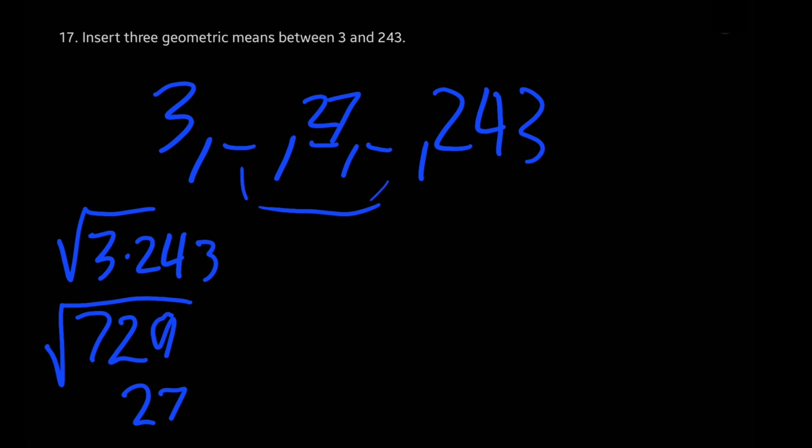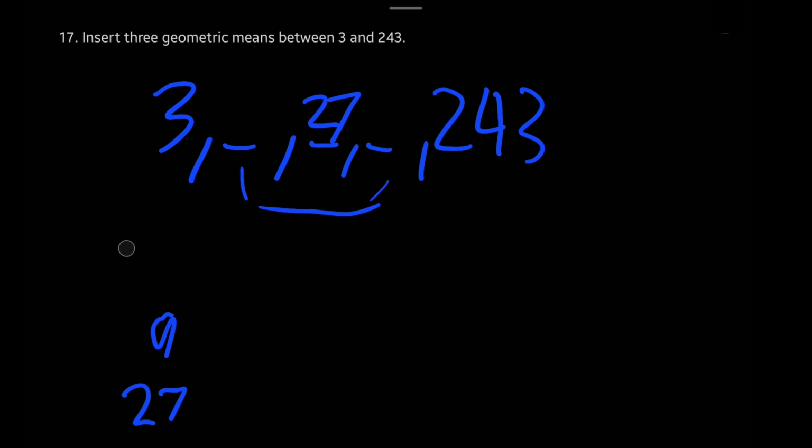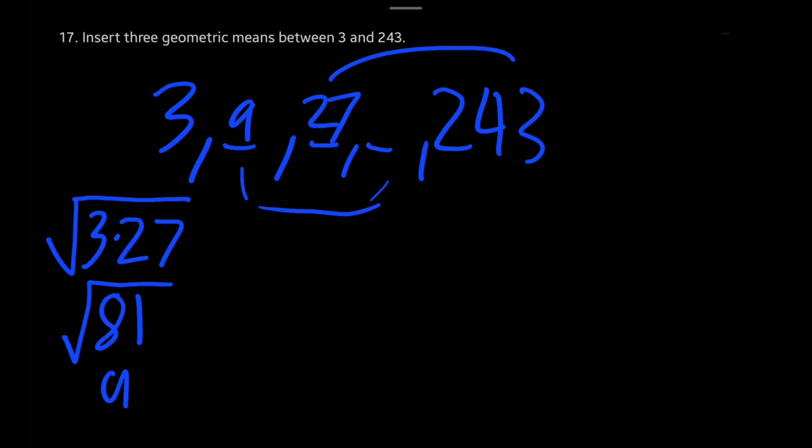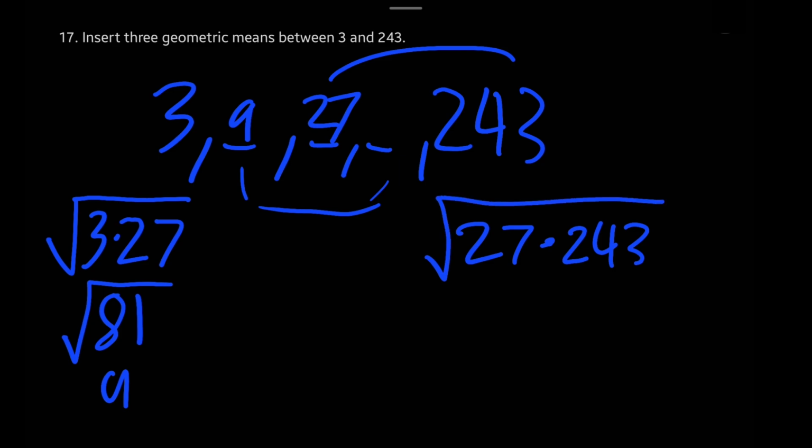And we can do it another time. We could do the square root of 3 times 27 and plug it into the calculator. We end up with the square root of 81, or simply 9. And we can do it again here: 27 times 243, square root.